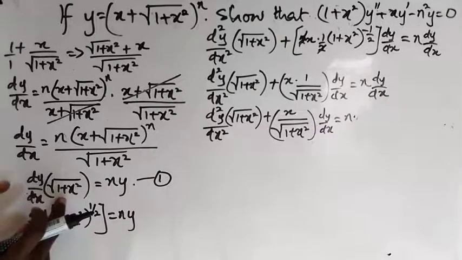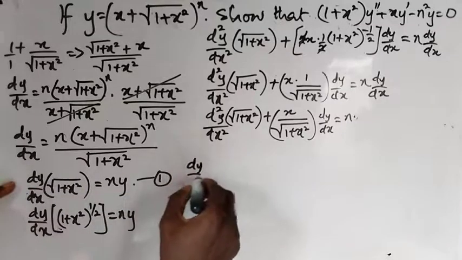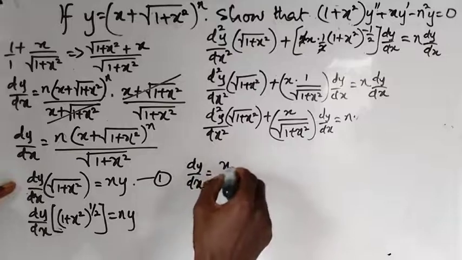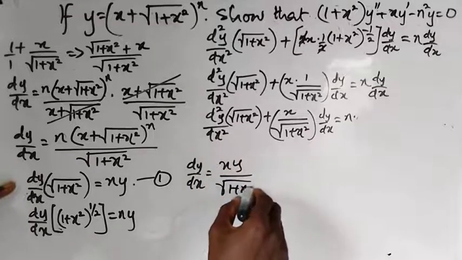Moving over here, if we make dy/dx the subject of formula, we have something like this: dy/dx equals ny over the square root of 1 plus x².